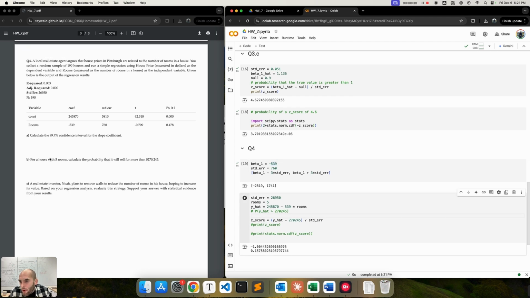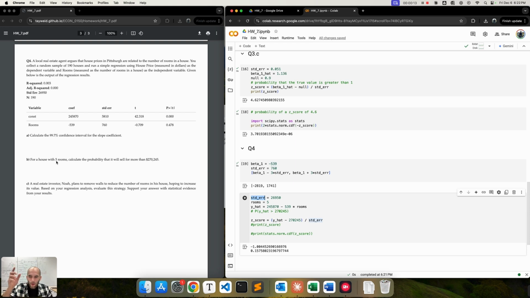All right, so then for a house with 5 rooms, we're going to calculate the probability that it sells for more than 270. What we want to do first is calculate the prediction. Our x variable is 5 rooms.